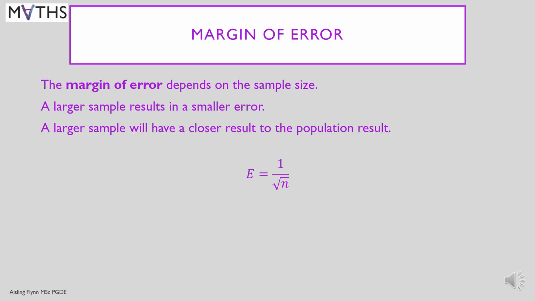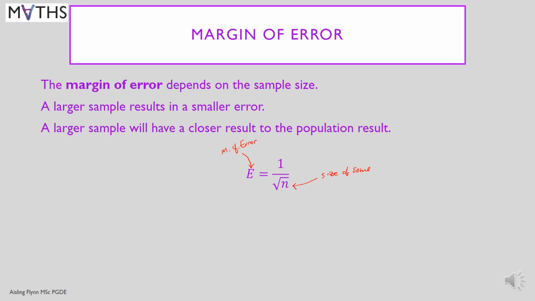And this is our definition of the margin of error. This is the one we're using in our course in statistics. There are different definitions for margin of error. Margin of error is E, and it depends on the size of your sample, which is N. So if you have a larger number of people in your sample, you're going to have a larger number under the line here.